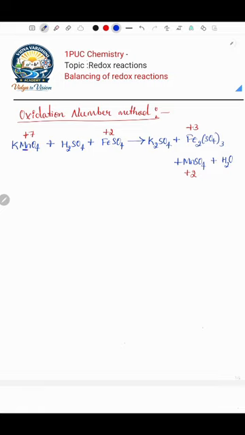The second step, once we identify the oxidation numbers, is writing the equations separately. Now I will be writing the oxidation reaction and reduction reaction separately. KMnO4 changes to MnSO4.